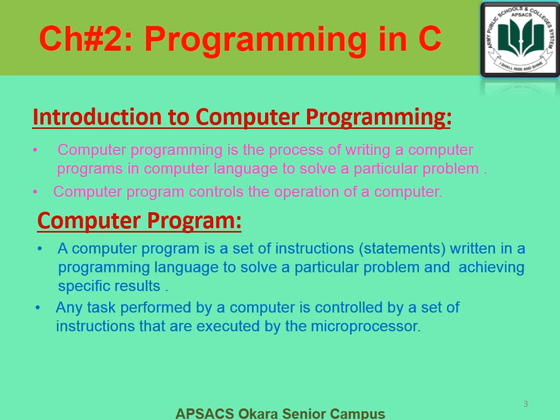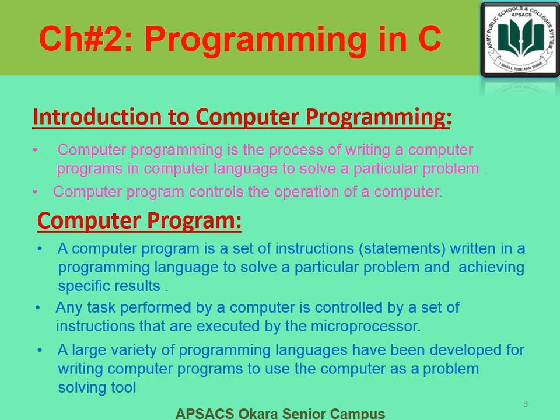Any task performed by a computer is controlled by a set of instructions. I have already told you that any kind of task which is performed by a computer is controlled by a set of instructions, statements, or commands, that are executed by the microprocessor. The microprocessor executes each task of the computer, and the commands are given by the programmer to the microprocessor to perform any task by writing a computer program.